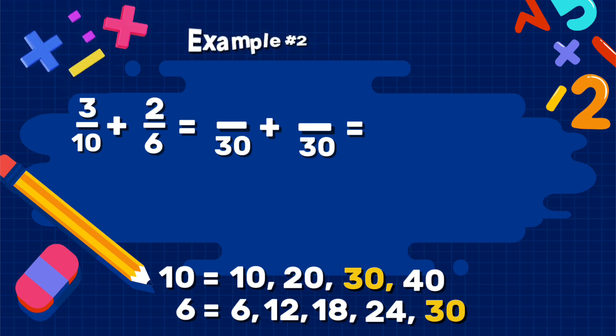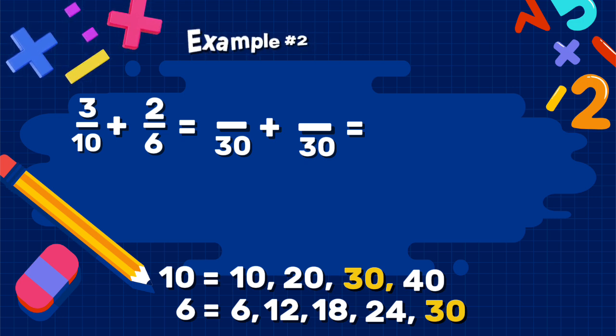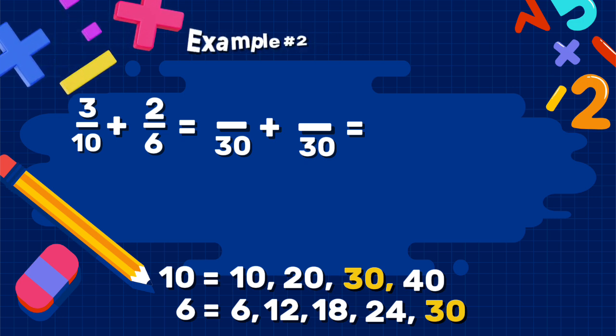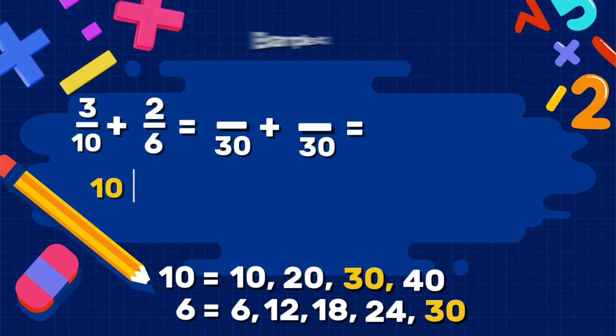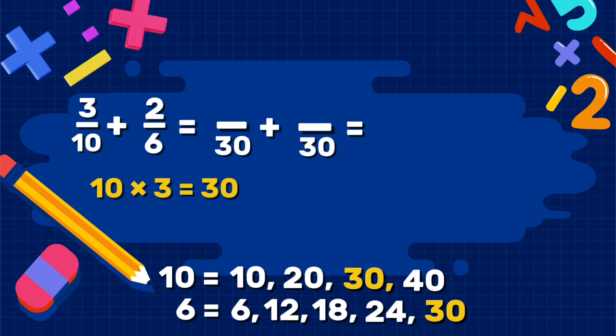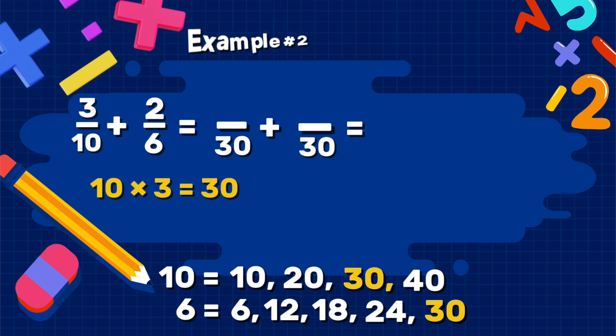Let's start with 3/10. So we need to think, how do we get 10 to equal 30? 10 times what equals 30? Well, 10 times 3 equals 30.